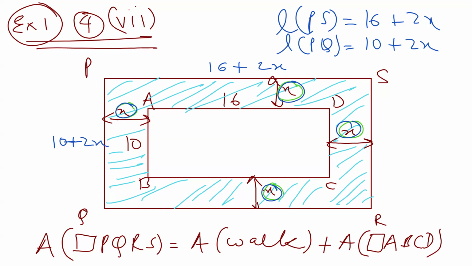Please tell me, am I correct? The outer rectangle area is equal to area of the walk plus area of the inner rectangle. Is this correct mathematically?